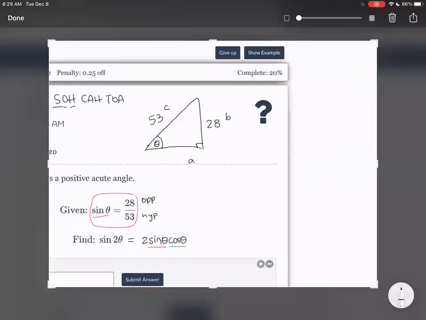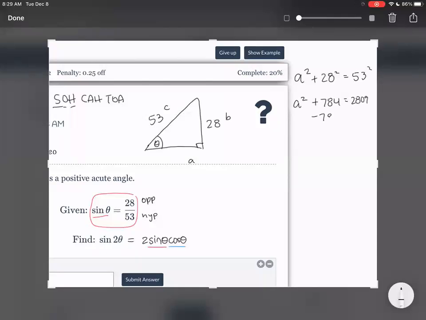Okay, I just wanted to zoom out there. Okay, so we got A squared plus 28 squared equals 53 squared. And then solving for A, we have 28 times 28, 784, equals 53 times 53, 2809.